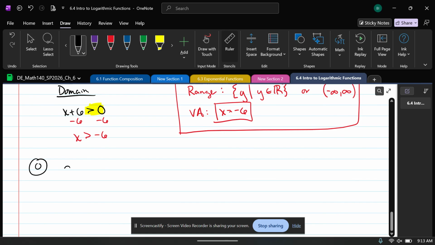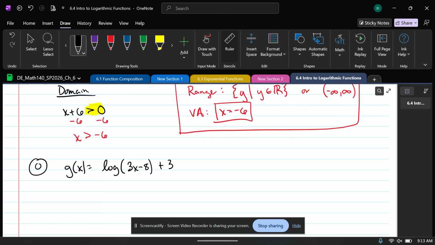So let's say we had g of x is equal to log of 3x minus 8 plus 3. What base is that logarithm? 10. Does it matter as far as finding domain and range and all that stuff? No, it's not going to change how I do that, okay? So if I'm going to find the domain, range, and vertical asymptote, I'm just going to use the 3x minus 8.